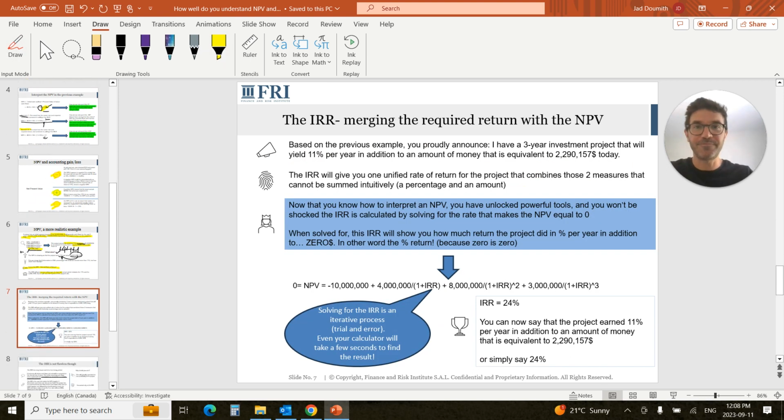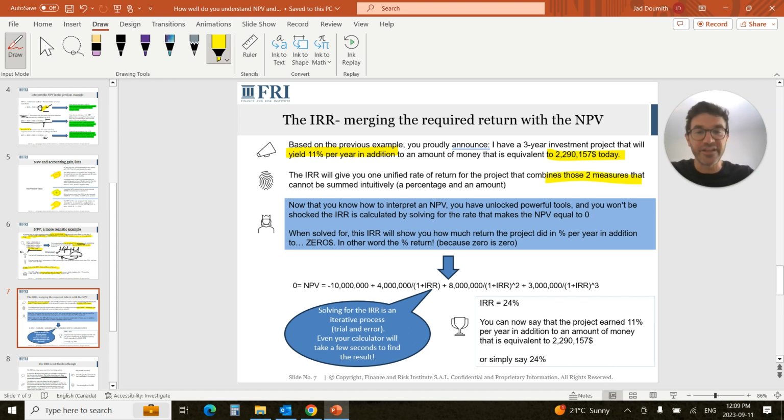Enters the IRR. So let's say you proudly announce, I have a 3-year investment project that will yield 11% per year in addition to an amount of money that is equivalent today to 2.29 million. As I said, the IRR's role in life is actually to merge, to combine those two measures and come up with one unified number.